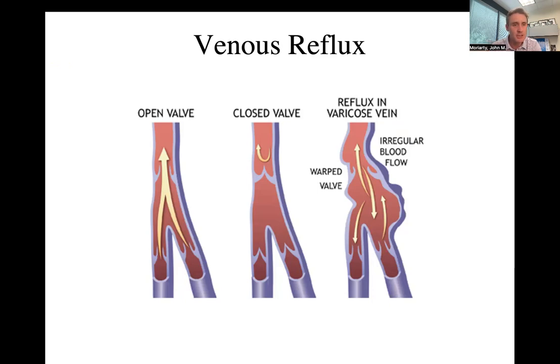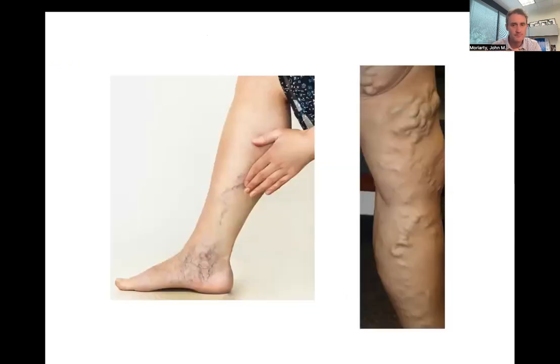If they are damaged through whatever mechanism of inflammation and blood clot, then what happens is the blood flow can go down and these veins get bigger and bigger, and this causes increased pressure within them, varicose veins, and can cause an exacerbation of this post-thrombotic syndrome.